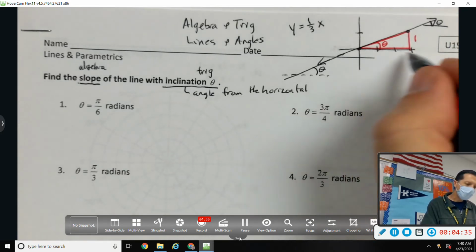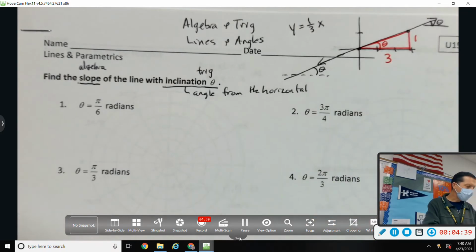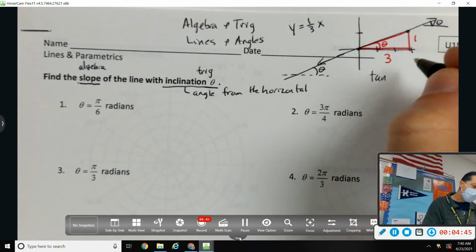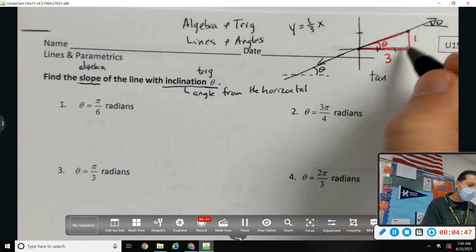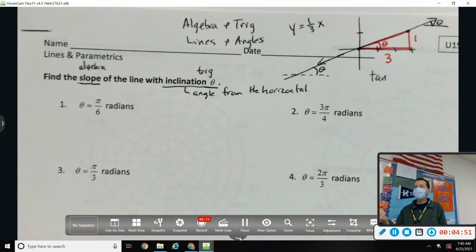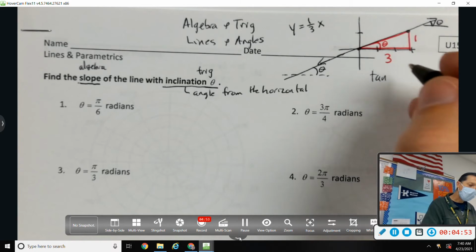And how about this adjacent side length? 3. So 1 squared plus 3 squared would be 10. So that would be square root of 10. But we don't even need that. I mean, you're right, but it's not necessary today.